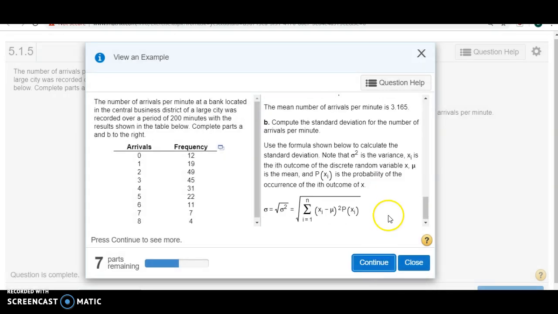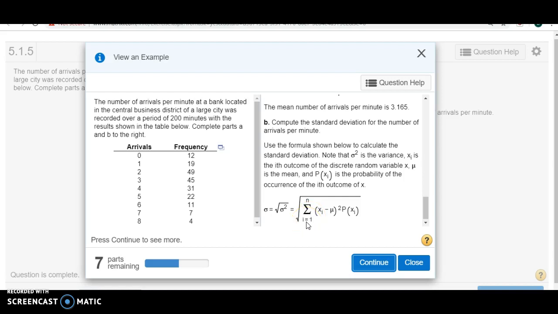Now we know the mean, so we can find the standard deviation. The formula is: take the difference between xi and the mean, square that difference for each one, then multiply each by p(xi). Then we sum all those answers up and take the square root.